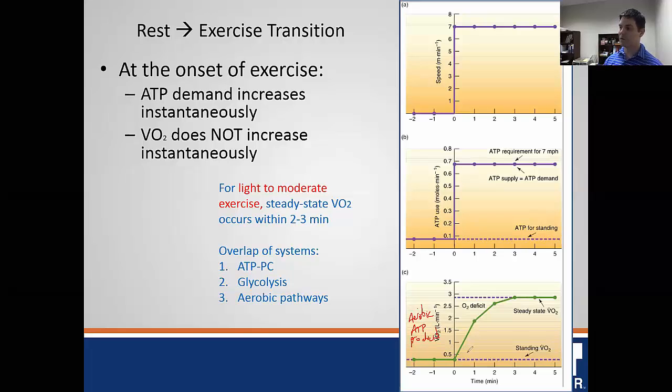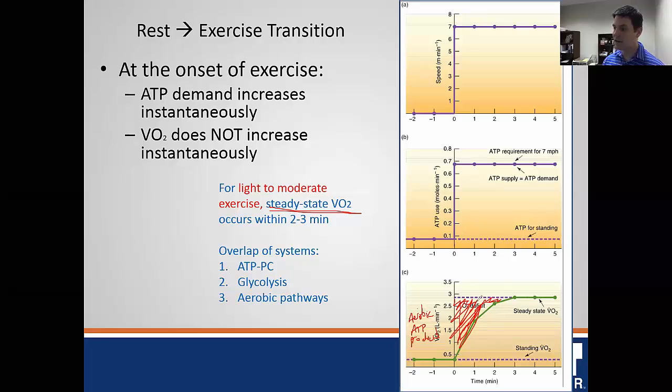On this side. Okay. So if we look at the amount of ATP produced, you'll notice that it takes us a little while for our ATP demand to be met by oxygen. In fact, we call this steady state oxygen consumption, and it usually takes about 2 to 3 minutes. Right? So how then are we filling in this ATP gap?